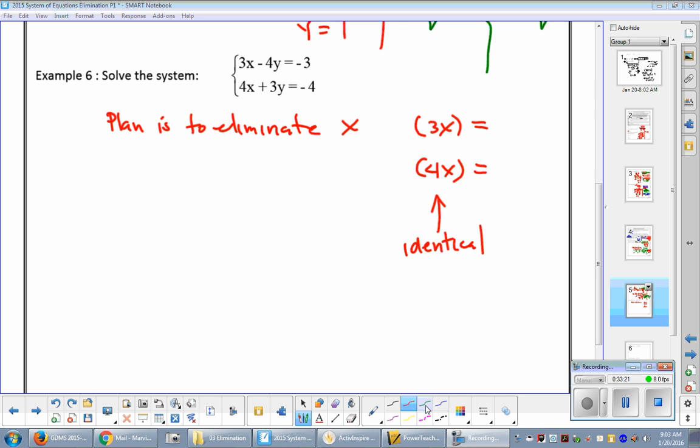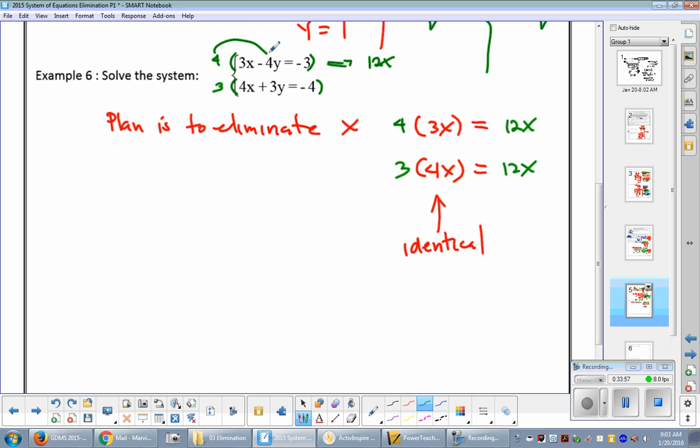Okay, so to make this 12, I'll multiply by 4. We'll get 12x. What about 4x? How can we make this equal to 12? Multiply by 3, so I'll get 12x here. So that will be our plan. Multiply the first equation by 4 and multiply the second equation by 3. So I will have 12x.